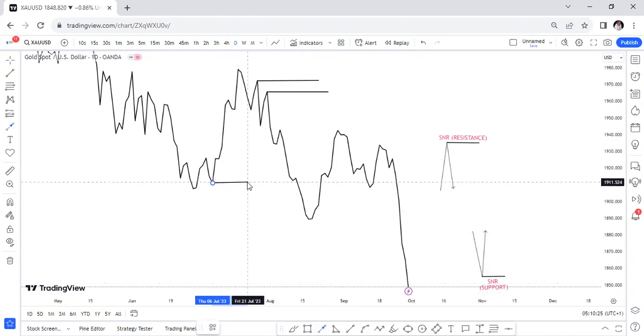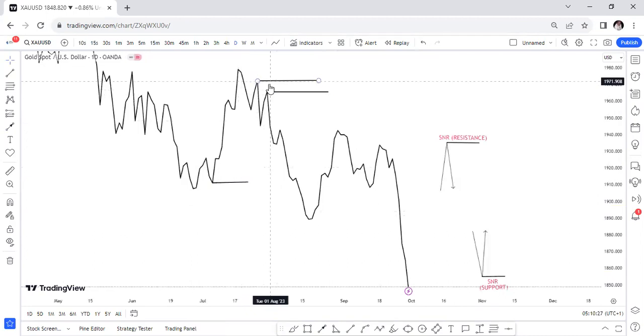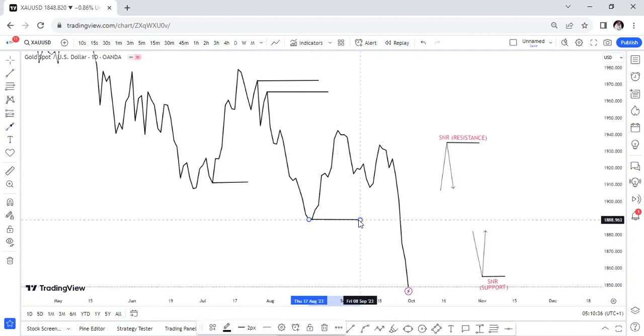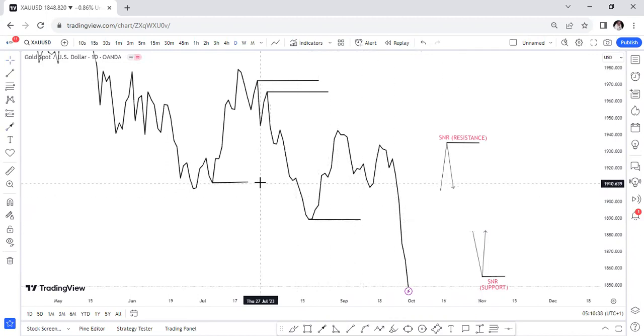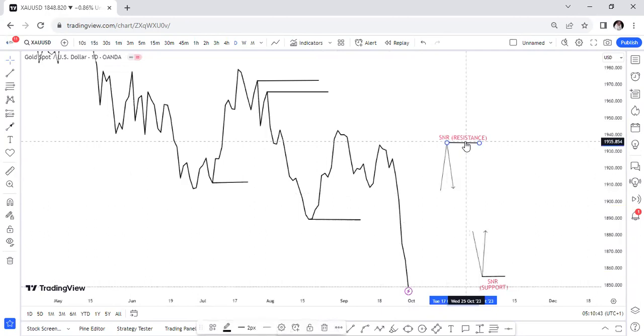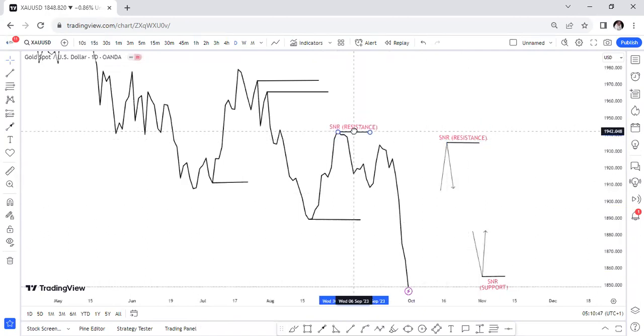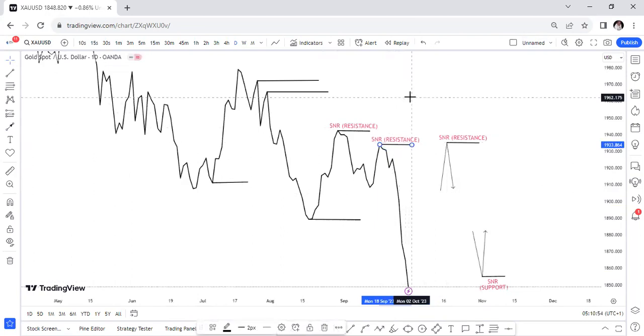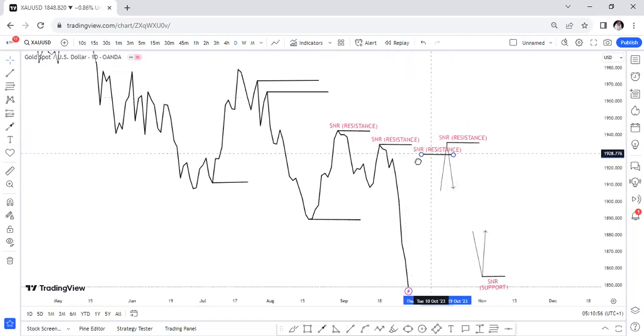This is the support, the V shape. This is the inverted V. This is a V shape. This is the support level. This is the resistance level.